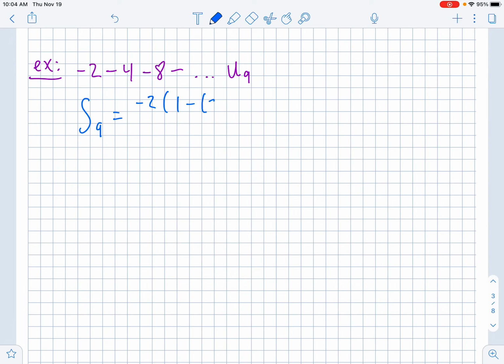So the r is 2, and the n is 9, all over 1 minus r. 2 to the 9th, gosh, that's going to be a really big number, you guys. So, let's see. If you start to simplify, this becomes -2, and then 1 minus 2 to the 9th is 1 minus 512.